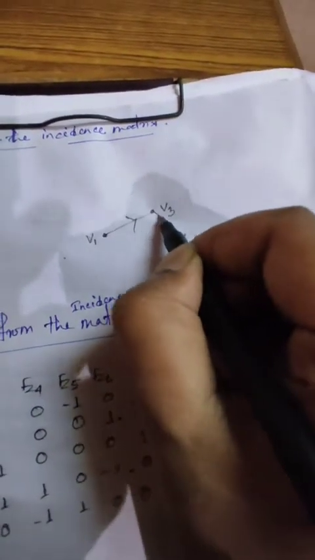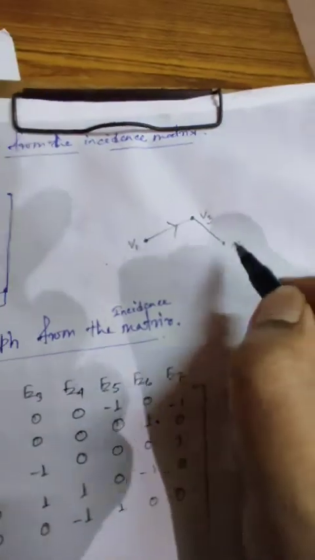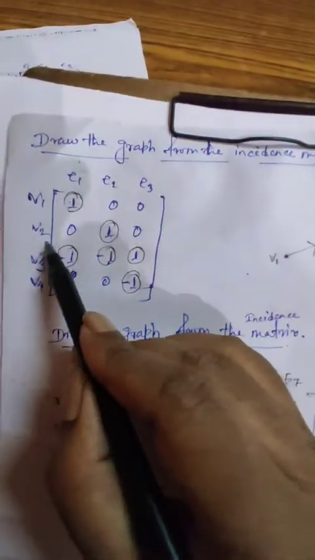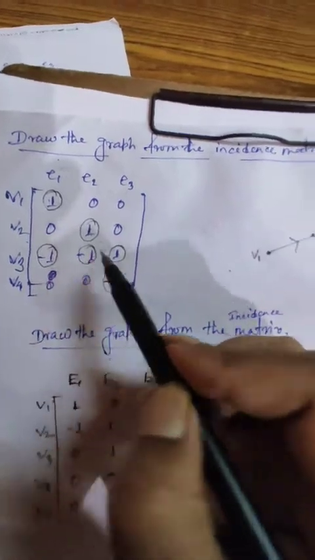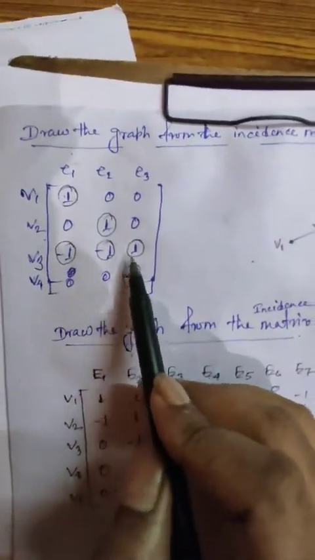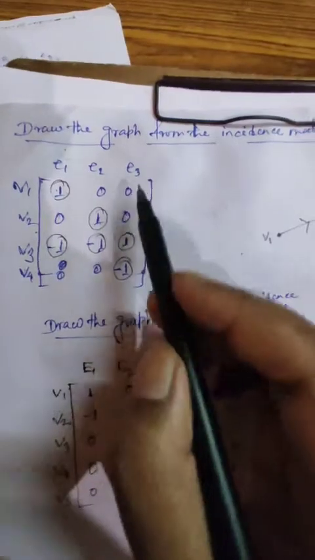It is 1 at V2 and -1 at V3, so the edge is incident out from V2 and incident in V3. So the direction is from V2 to V3.